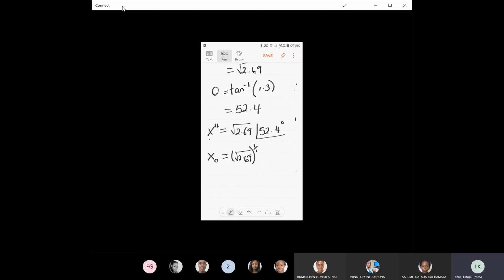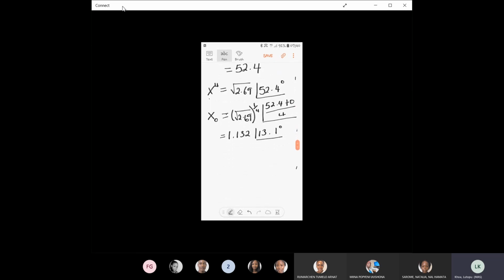I take the fourth root of this one, and then I say 52.4 plus 0, because that's 360 plus 0, and then I divide this by 4. So my first solution, I will get 1.132, and my angle over here is 13.1 degrees. So I leave it to 1 decimal place because it's in degrees.